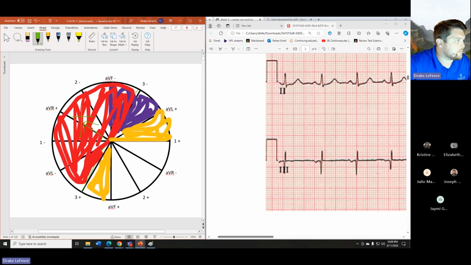So we look at lead 3 right here. Here's lead 3. We find a line that's perpendicular. This is the line that's perpendicular right here. We have our lead 3, with our positive side down here and our negative side down here.